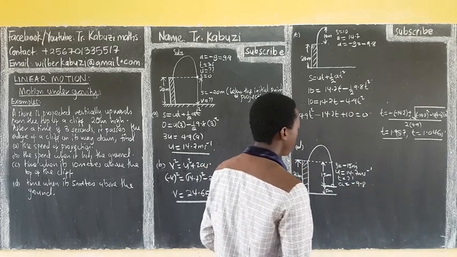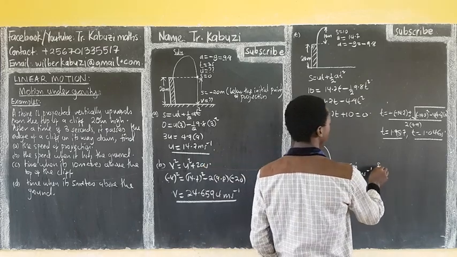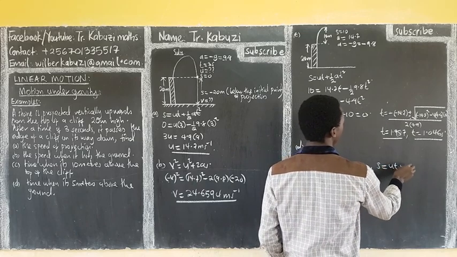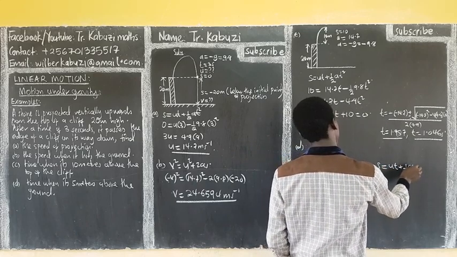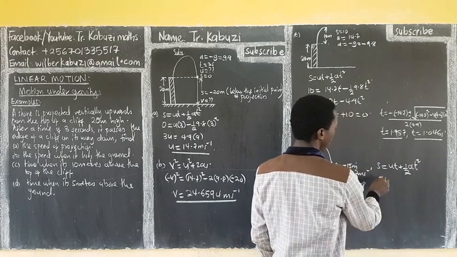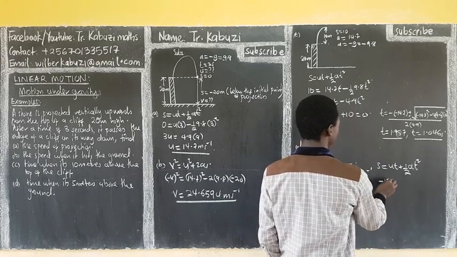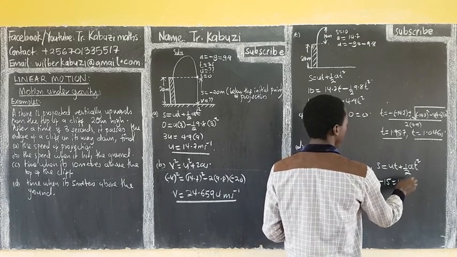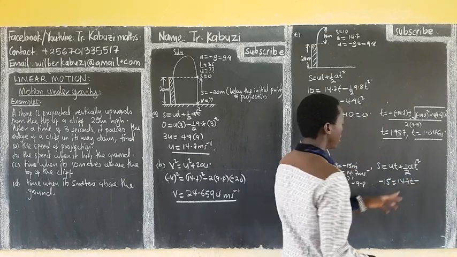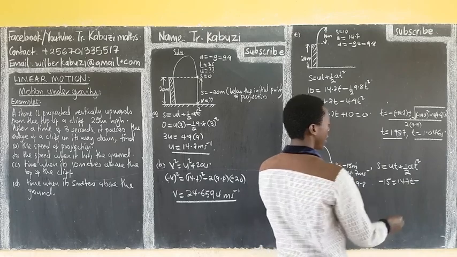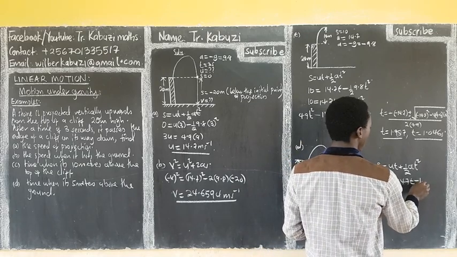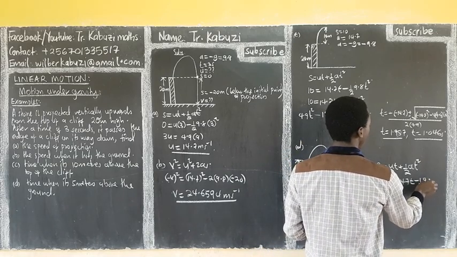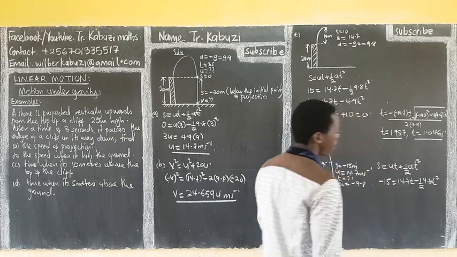So using our formula, S equals ut plus a half at squared, our S here is going to be negative 15 equaling our U, 14.7 into the time we are looking for. A is negative, so negative a half, 9.8, then t squared.